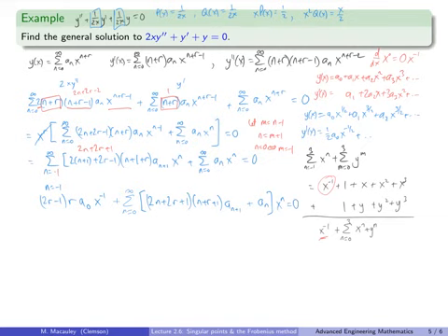Okay, so now what does this tell us? This is a generalized power series. If this is equal to 0, then it must be the case that this has to be equal to 0, and it also must be the case that this term is equal to 0. Now a naught is not guaranteed to be 0. We can set that to be anything we want to.